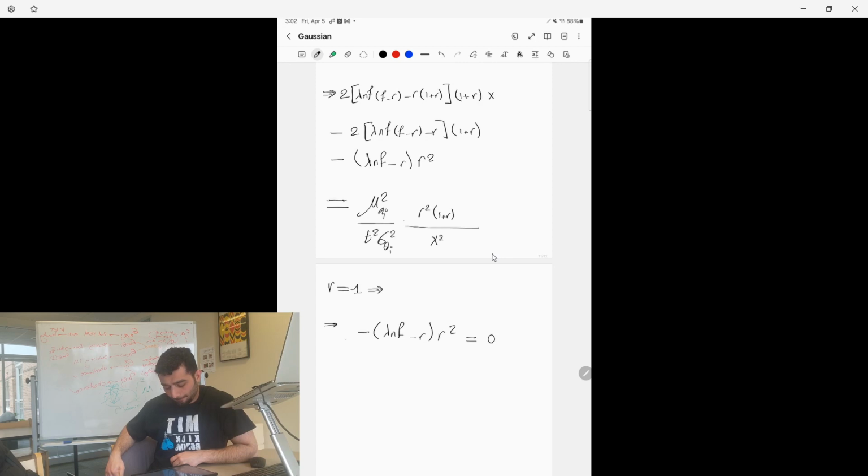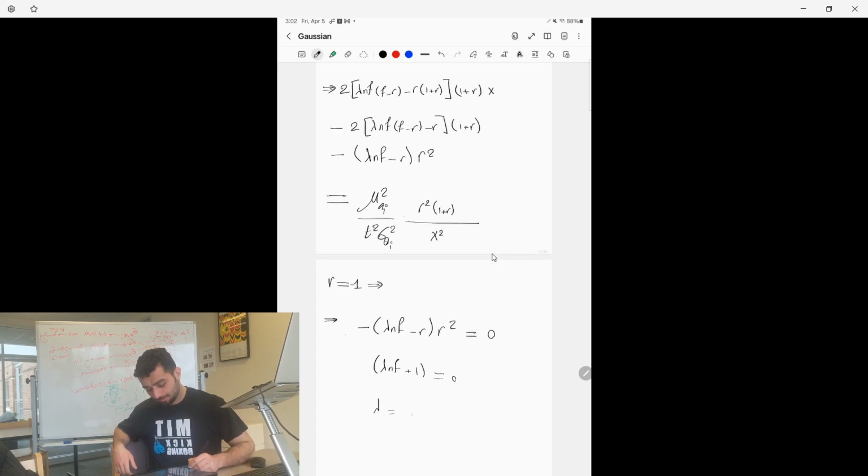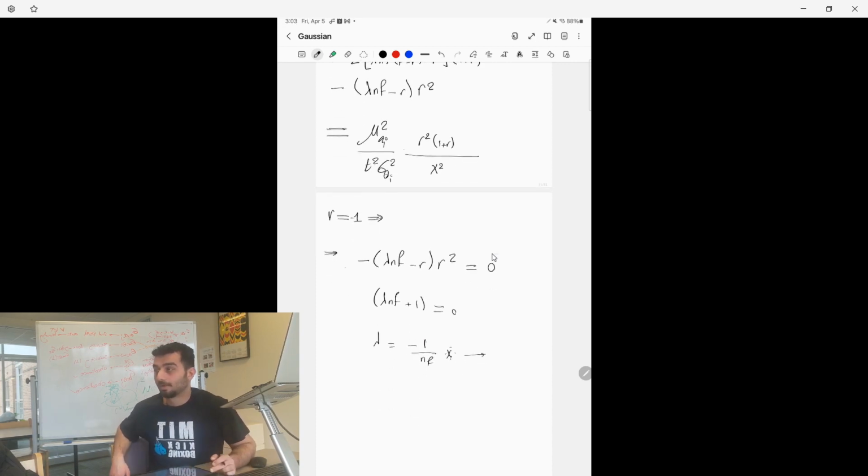No. R is minus 1, lambda nf plus 1 should be 0, lambda should be minus 1 over nf, which is not true. So it suggests for r minus 1 we should have lambda equals 0. Interesting.